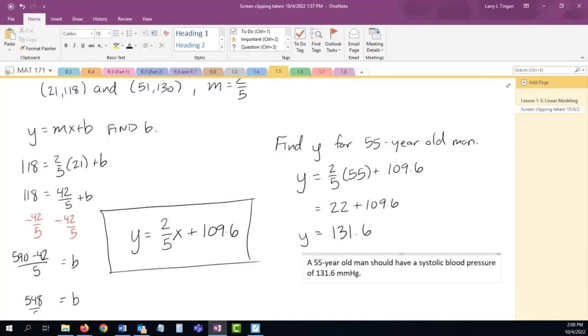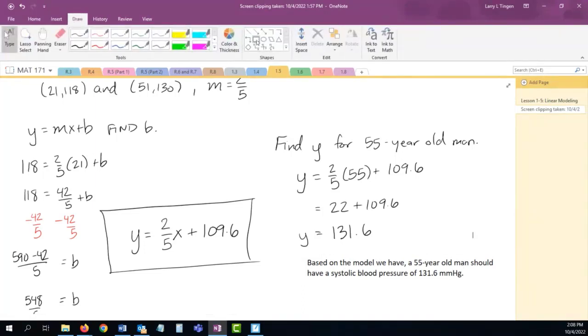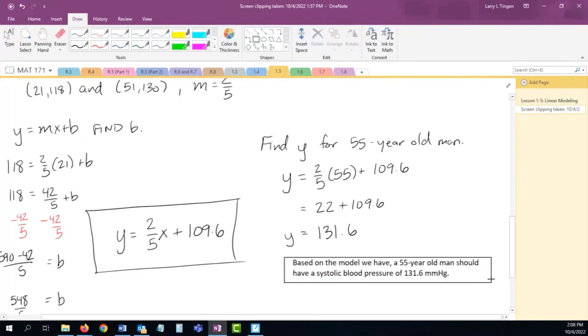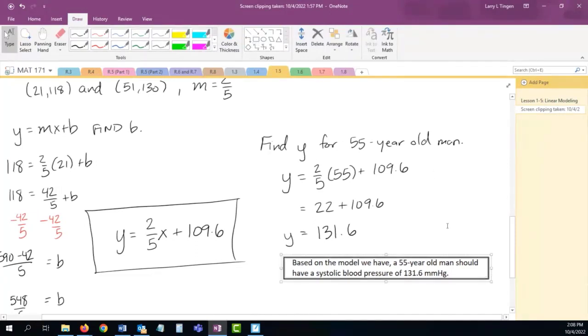Does it mean that all 55-year-old men will have this blood pressure? Absolutely not. It does not mean that, but it means my model predicts that, and maybe even change the wording so as to qualify it at the beginning. Based on the model we have, that's probably an even better answer, right? As opposed to saying this is definitely going to happen. This is a much better way to say it.